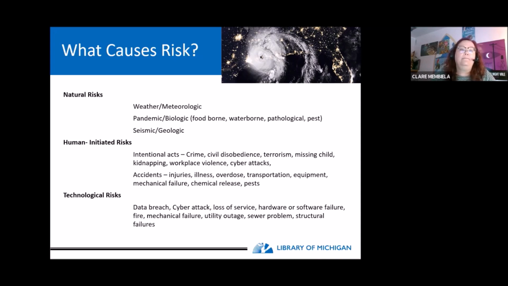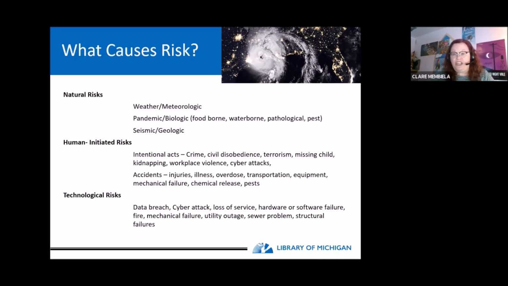Weather, pandemic and biologic, which could include things like pathological, which would be viruses, but also pests, like bed bugs or cockroaches or lizards or something else in the library. And then there's also seismic and geologic problems, which are earthquakes or sinkholes.